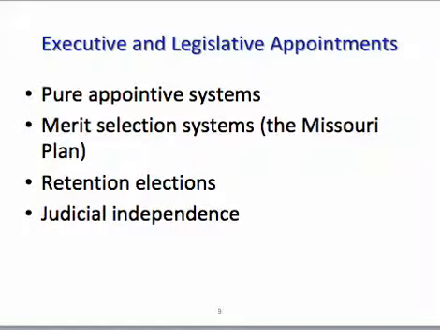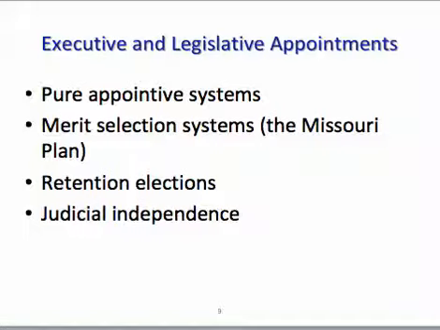On the other hand, there is the idea of appointments, having pure appointive systems. And there are even systems such as the Missouri Plan that tries to strike a balance between the two, between having appointments and then having confirmation elections.